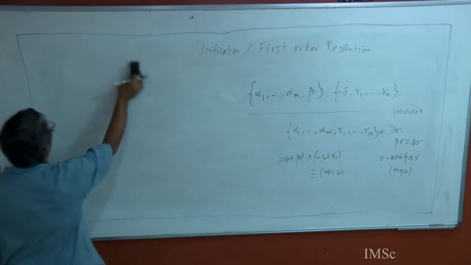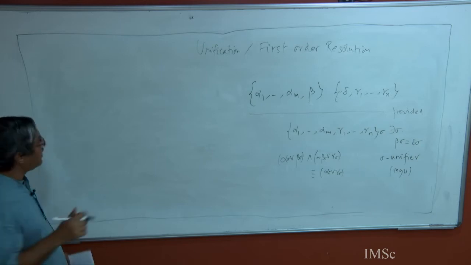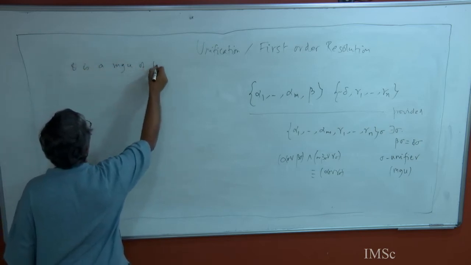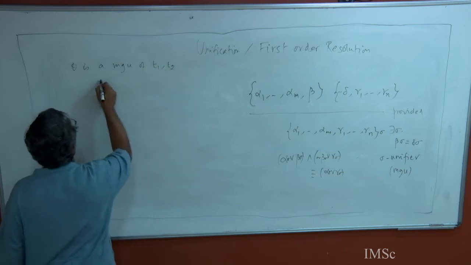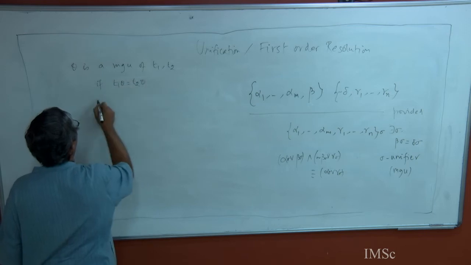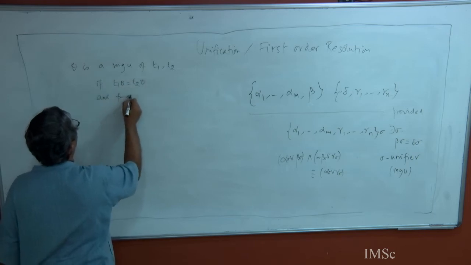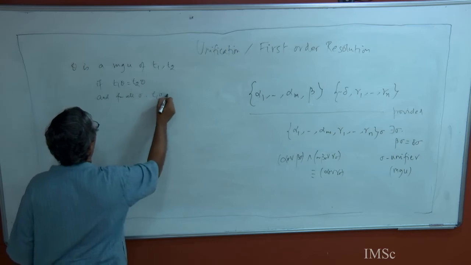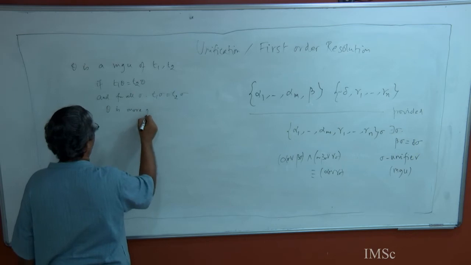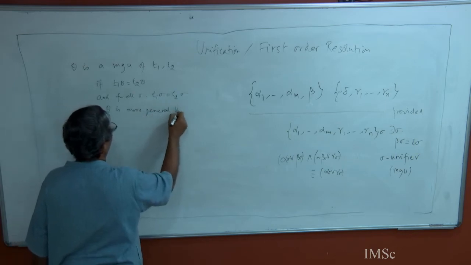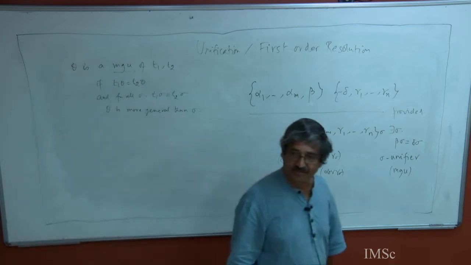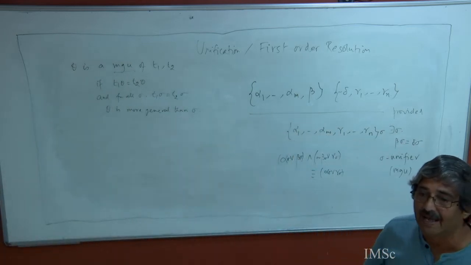Given any two terms, theta is an MGU of T1, T2 if T1 theta equals T2 theta, and for all sigma such that T1 sigma equals T2 sigma, theta is more general than sigma. So this is the natural definition of most general unifier that you can think of.